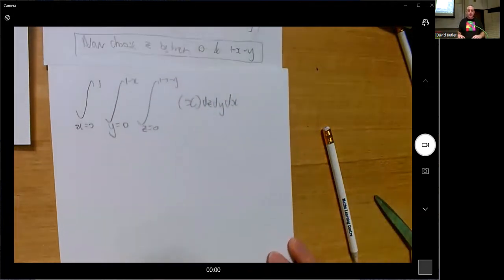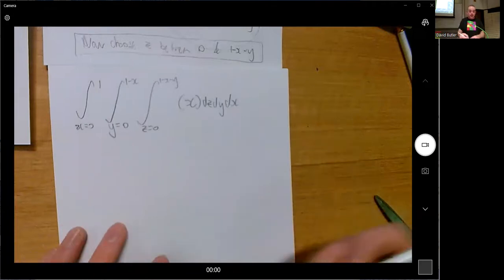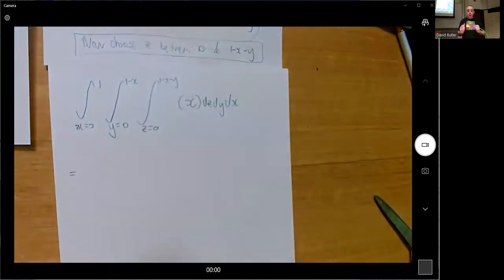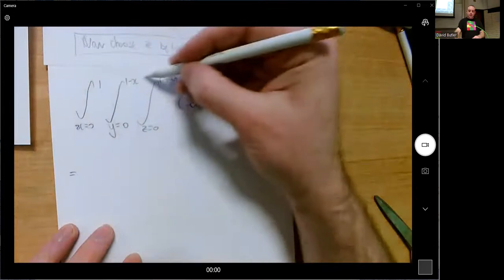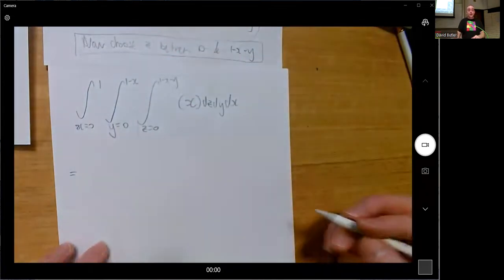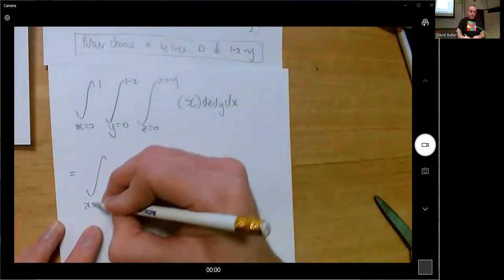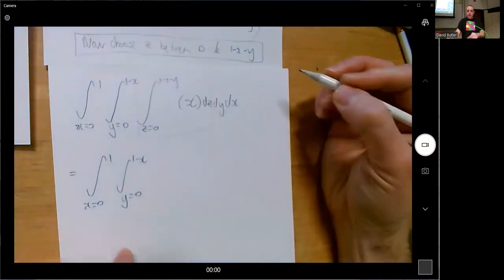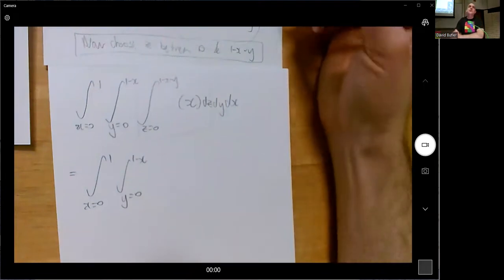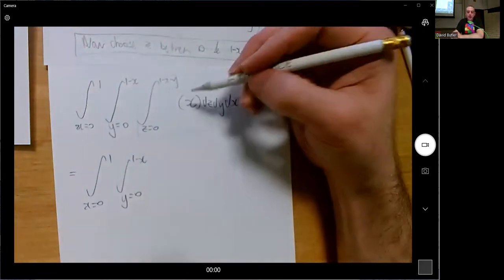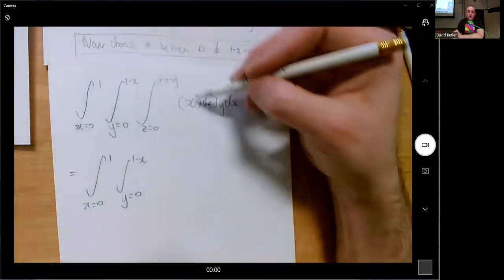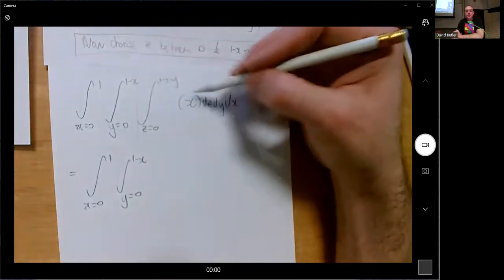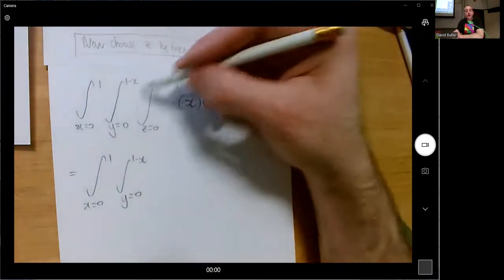Okay, and so now I would do this thing. So this integral I will do first. Now, I can cheat a bit if I want to. I can remove the x because it counts as a constant in terms of this integral and pull it out here.